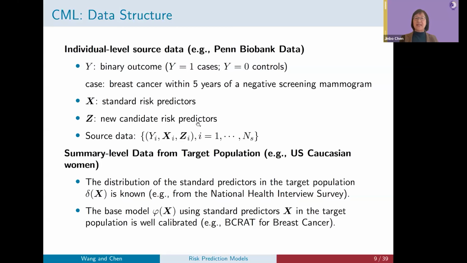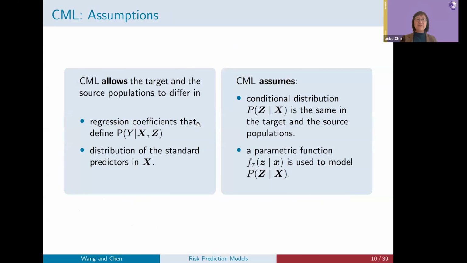For example, the National Health Interview Survey includes the data for all the standard risk predictors for breast cancer. Our method actually allows the regression coefficients, the association between outcome and the predictors, to differ between the source data and the target population.